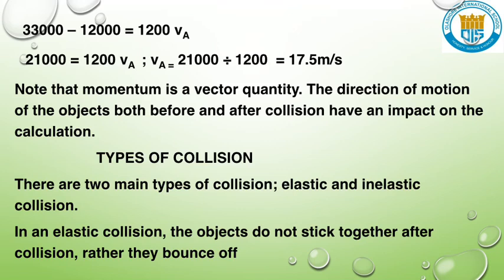Rather, they bounce off. It's like you stretching a rubber and it returning to its original shape, in a manner of speaking. So when two objects collide and they don't stick together, they bounce off each other. That collision is an elastic collision.